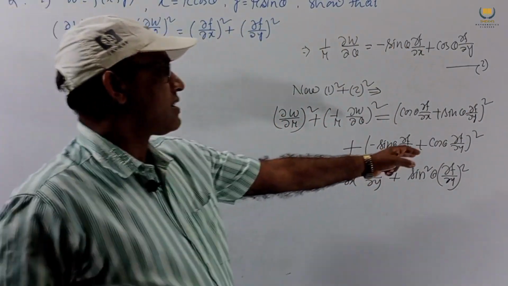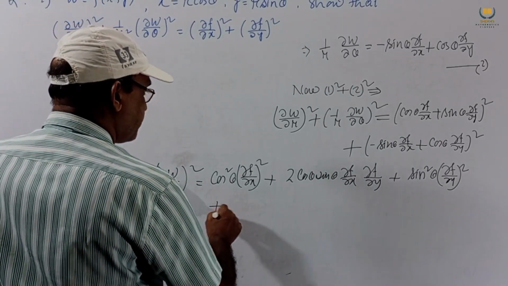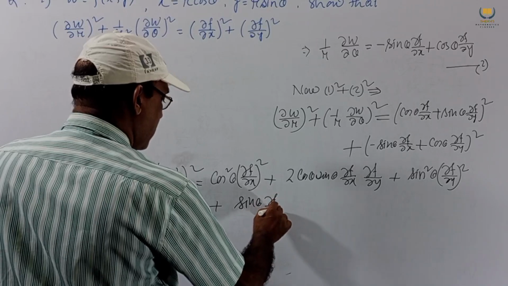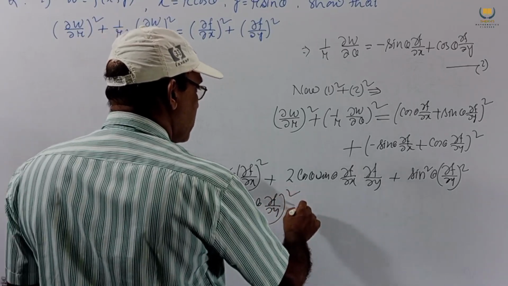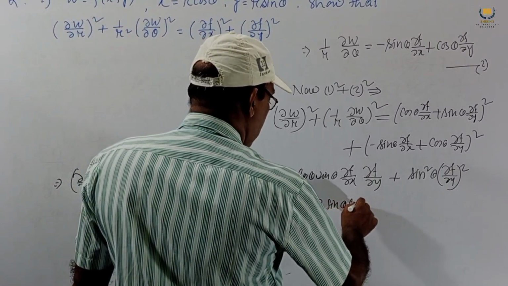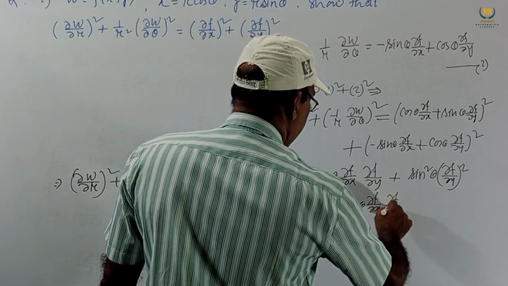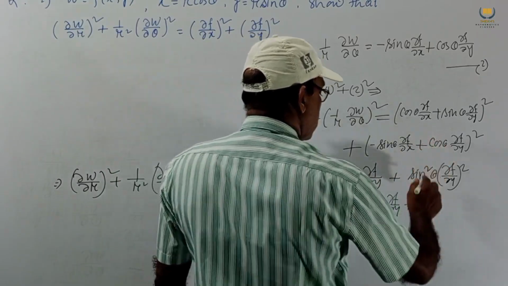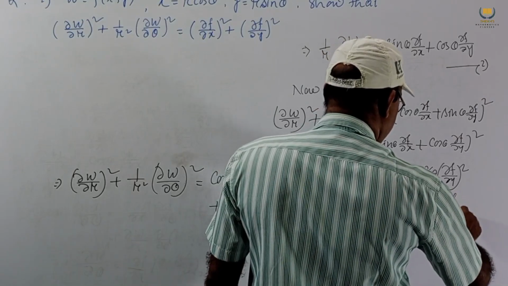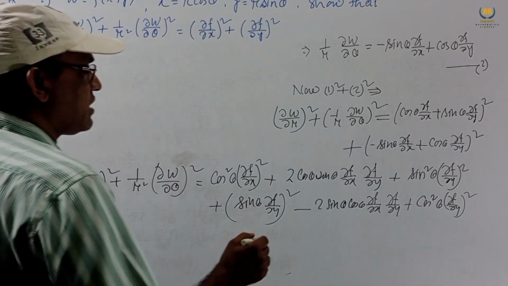Finish. Next this is (a−b)², and this will be sin²θ (∂f/∂x)² minus 2 sin θ cos θ ∂f/∂x ∂f/∂y, and this will be cos²θ (∂f/∂y)². We get this one, and these two are like terms.